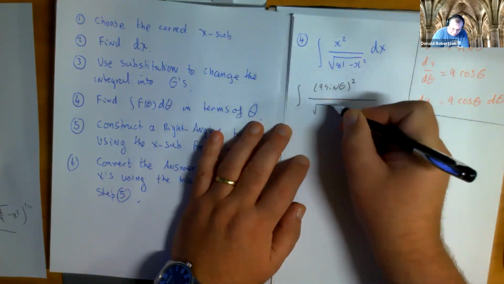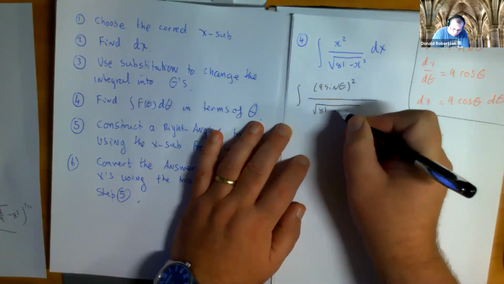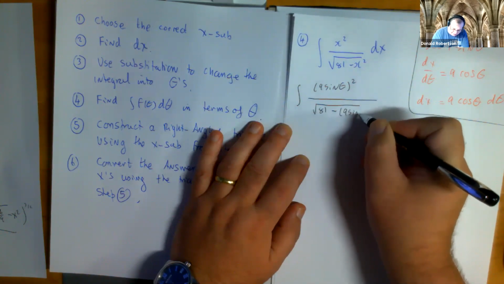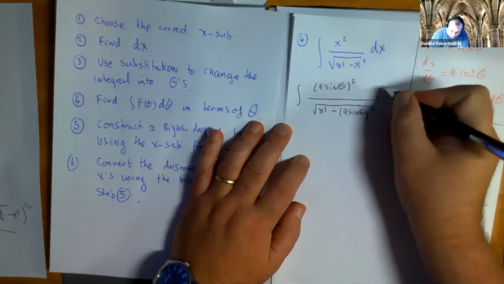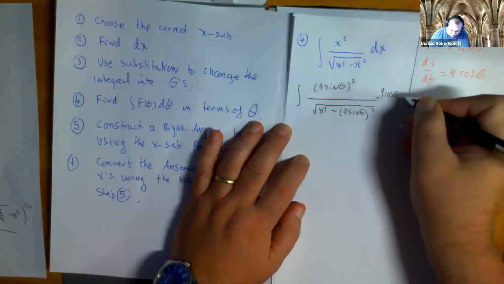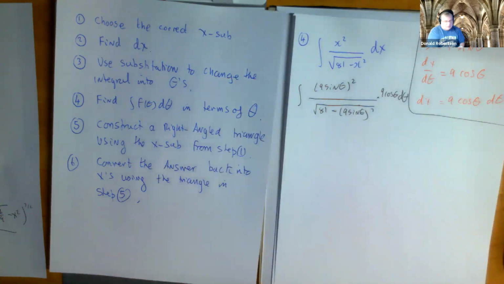This is going to be the square root of 81 take away 9 sine theta squared, and the dx is going to turn into 9 cosine theta d theta. So far, so good? You happy with that becoming this?